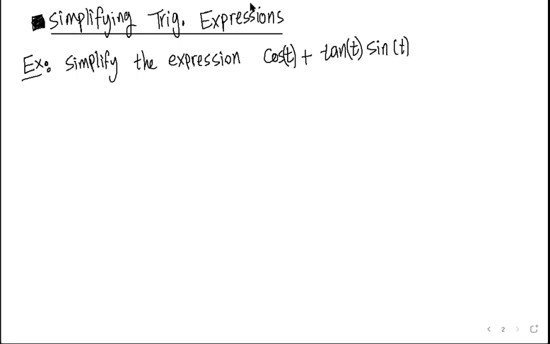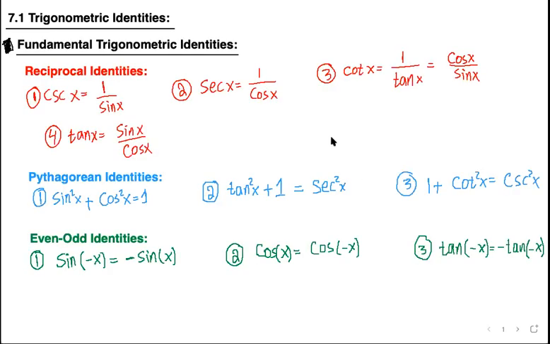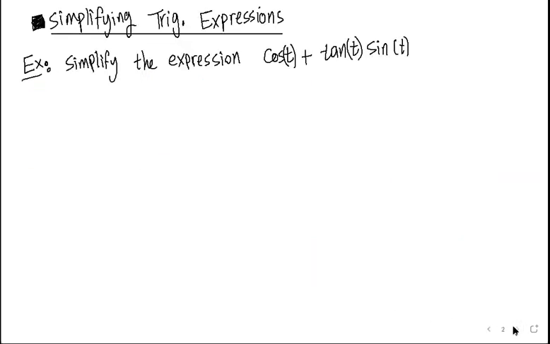So I have my expression. I need to change it, or write it in a different way, by using the reciprocal, the Pythagorean, and the even-odd identities. Let me do this one step by step.